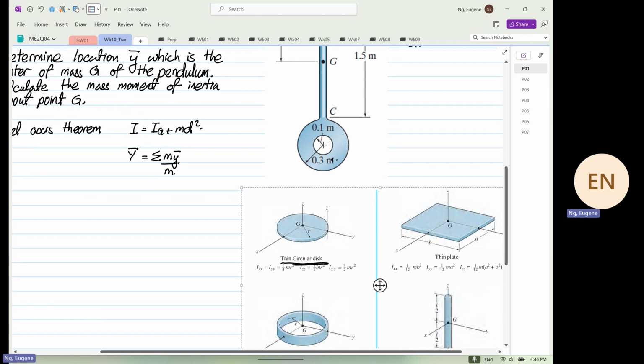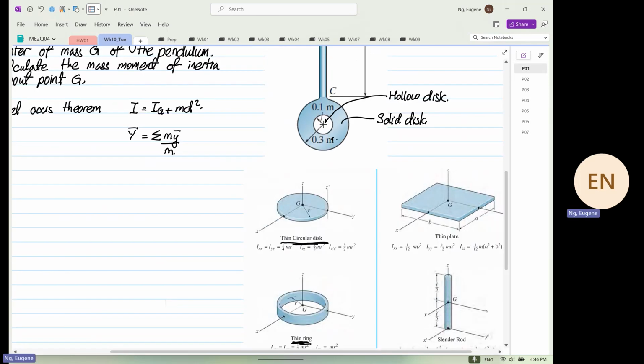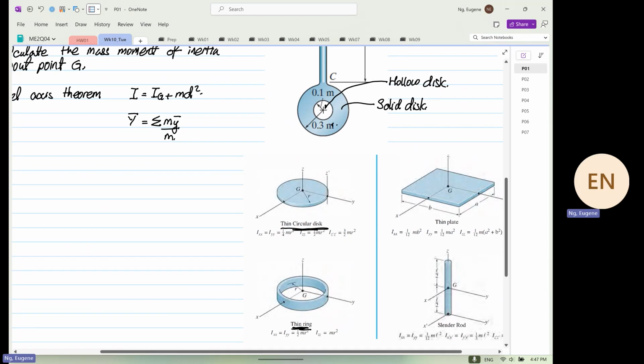So the outside I'm going to call the solid disc, and over here we are going to call it a hollow disc. Why can't we use thin ring? Because we have information regarding the two radiuses.